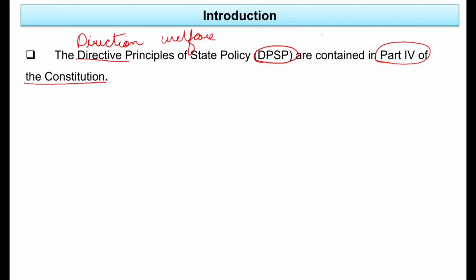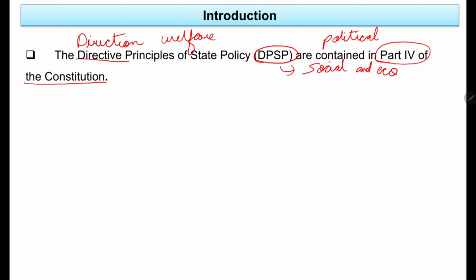There are certain rights provided under this for the individual apart from fundamental rights. In the fundamental rights part, there are many rights provided for individuals, and those are political rights. But under the DPSP you will find rights dealing with social and economic rights.